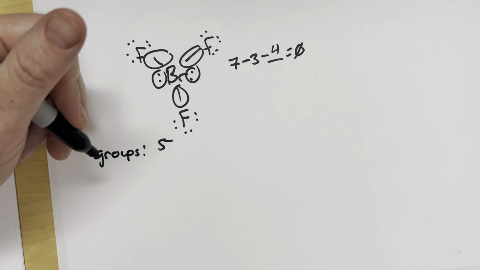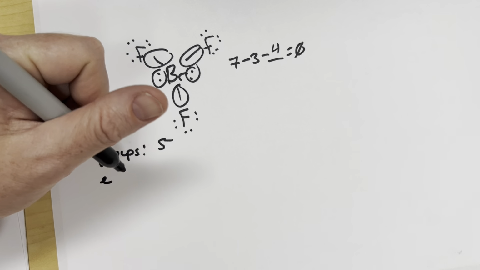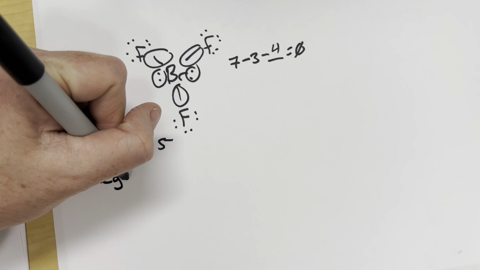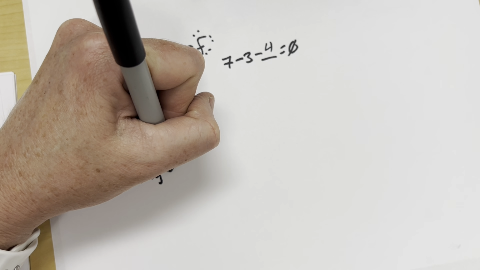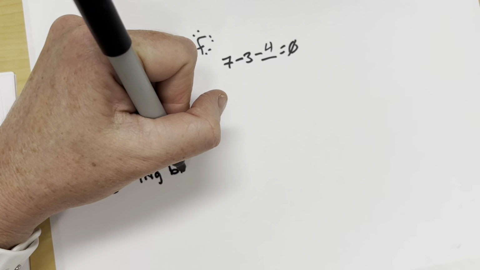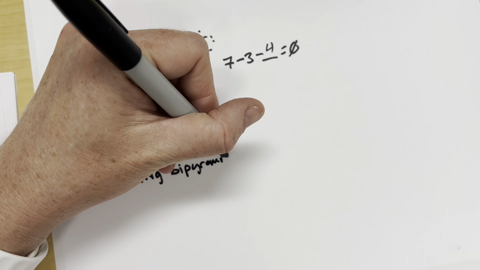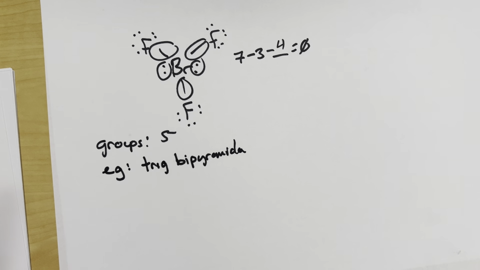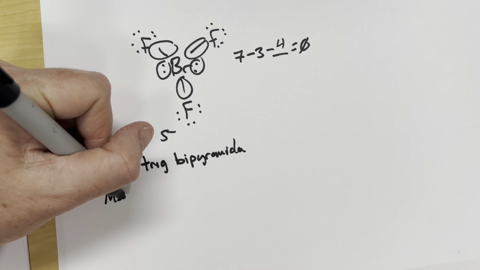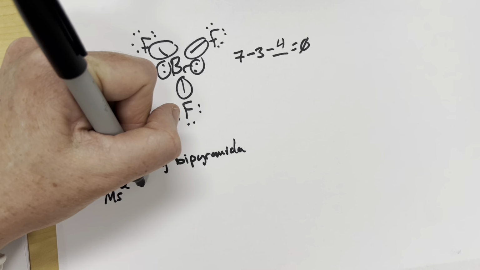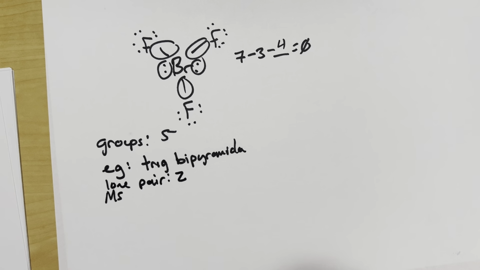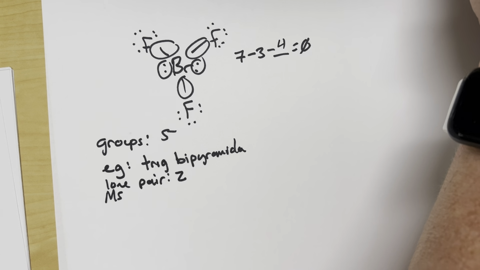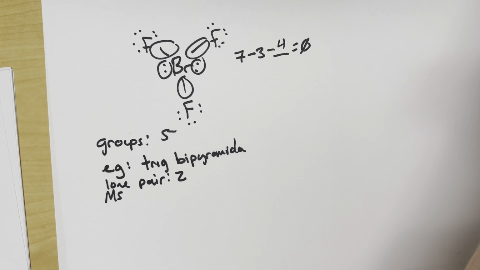The electron geometry, if it's 5, we know already it's trigonal bipyramidal. Okay, its molecular shape, its lone pairs has 2. So let's look at its molecular shape. Okay, it's got 3 things.